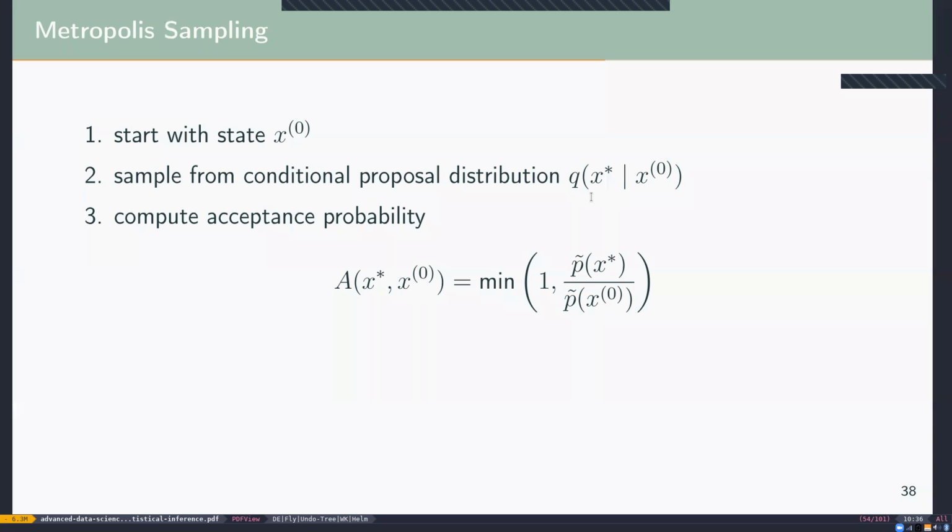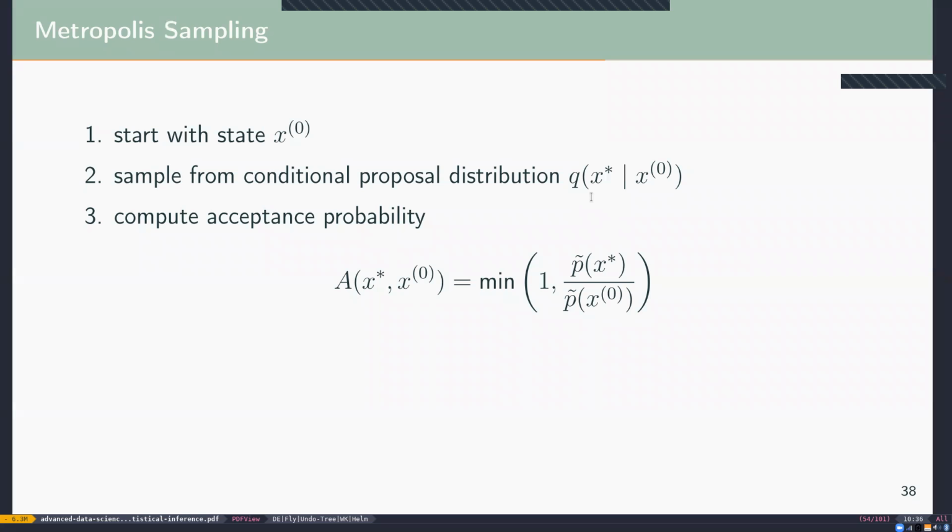So now you can see that if you move into a region which is much, much less probable, so x star has a really, really small probability according to p, then there's a small chance that I'll accept it, but I keep a chance to accept it, because it might be the case that I go to something that's really bad, but then from that state, in the next step, I move to something that's really good, right?